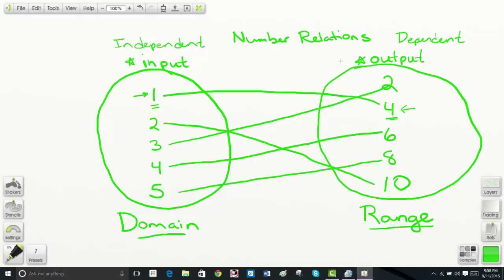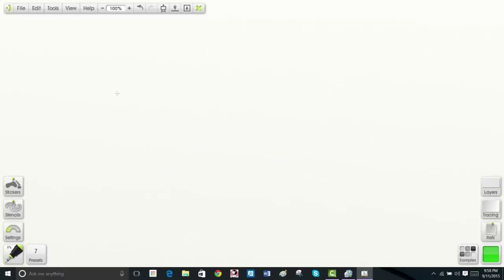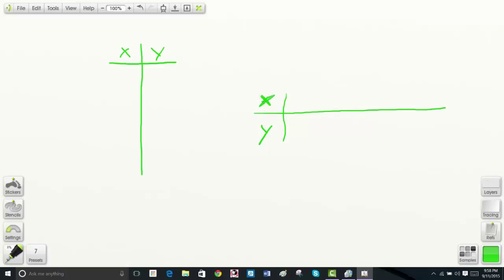Now, sometimes it's a little bit easier to describe these numbers if we put them in something we call a T-chart. So let me show you what I mean by that. T-charts can either go this way or this way. And we usually label them X and Y. Now here's where I know we've talked in class about how much we like the variables X and Y, and it's because they come up in algebra all the time.